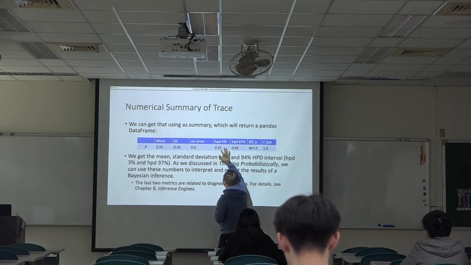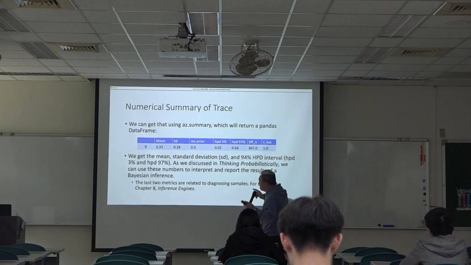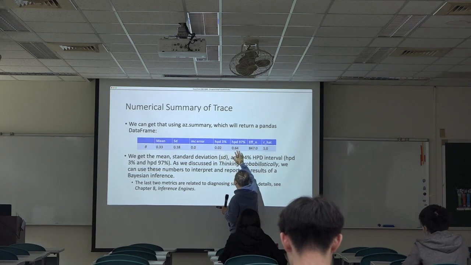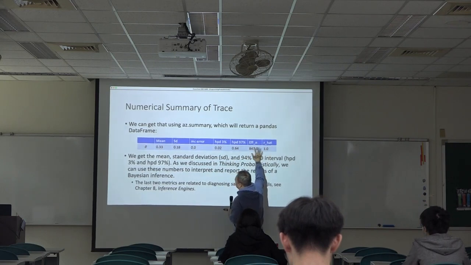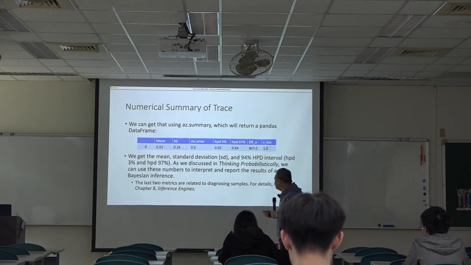And HPD 3% and HPD 97% mean the range of the 94% HPD, from 0.02 to 0.64. For the effective sample number and the other one, don't worry about them for now, because again they are related to MCMC.